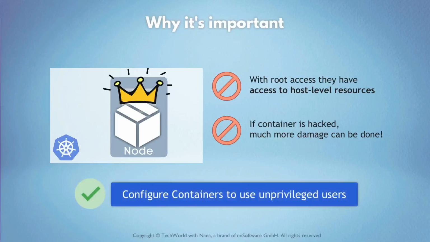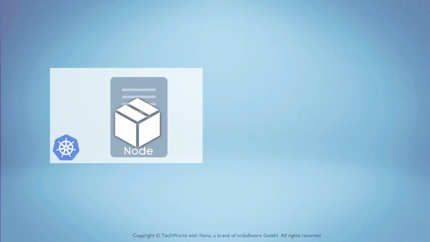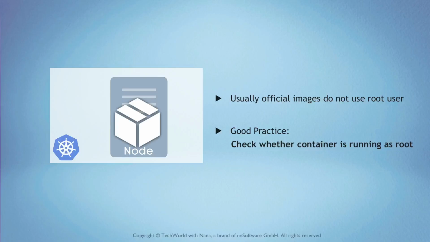So having non-root users in the containers will minimize this type of risk. Most of the official images do not use root user. However, if you are using non-official third-party images, it's always a good practice to check whether the container is actually operating in a root user mode.